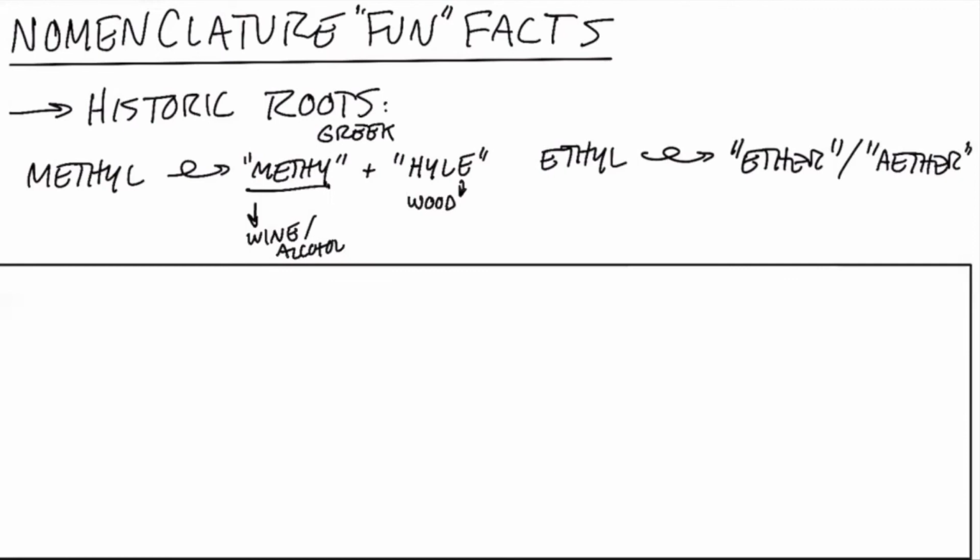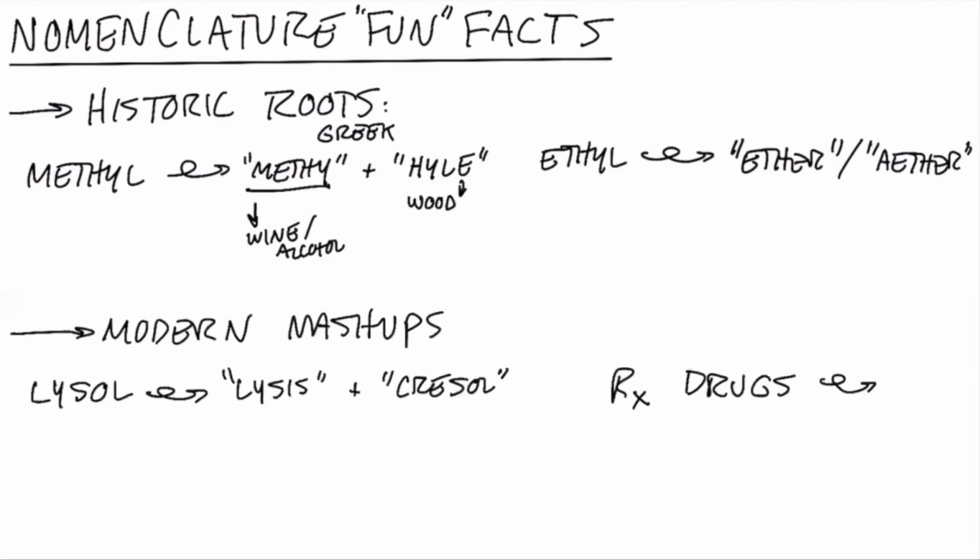And then let's take a few more recent examples. A modern mashup. Something that a lot of us may be familiar with recently is Lysol. It's a household cleaner. And this name allegedly came from kind of a mashup of the terms lysis, which is a biology-like term, to kind of break things up, or maybe like dissolve, and cresol.